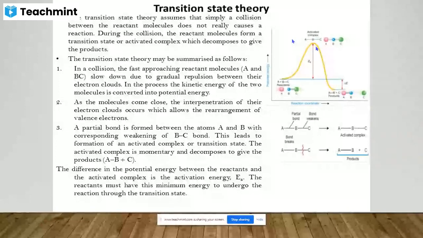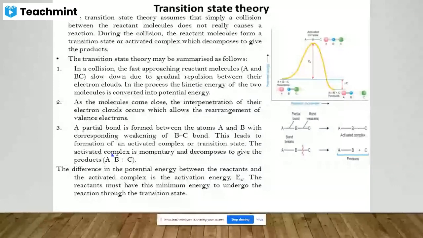These are important, but it is also important that whenever reacting molecules convert from reactant to product, they must pass through the activated complex. This activated complex is explained by the activated complex theory. So this is all about the activated complex theory.